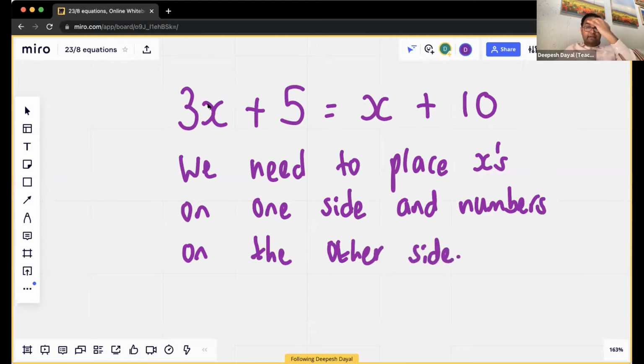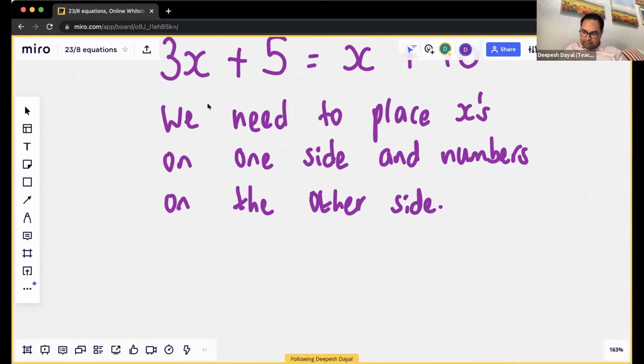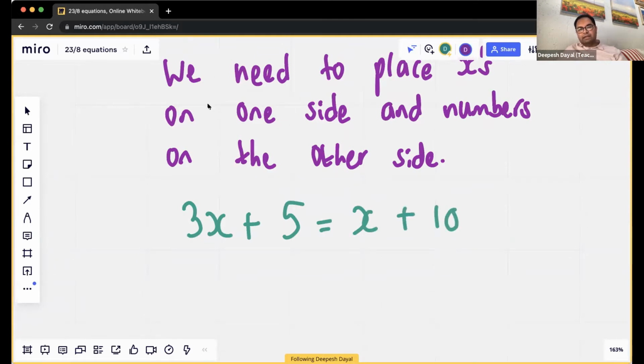So you bring x's to one side and then you bring numbers to the other side. I'm going to rewrite this equation. It was 3x. Let me write it in a different color. So it's 3x plus 5 equals to x plus 10, right? So we want x's on the one side, numbers on the other side, right? So what I'm going to do, I'm going to take this x over there and this 5 over there.